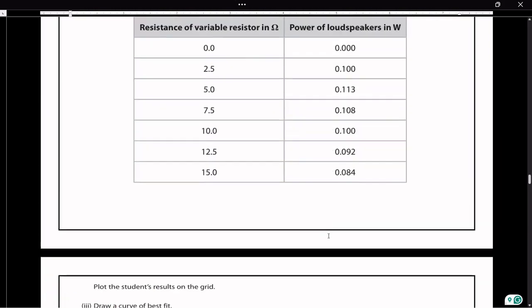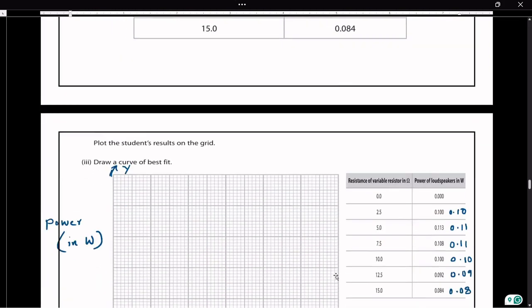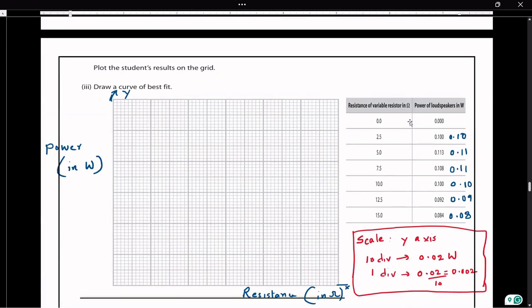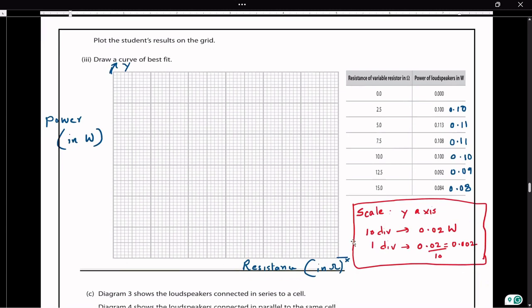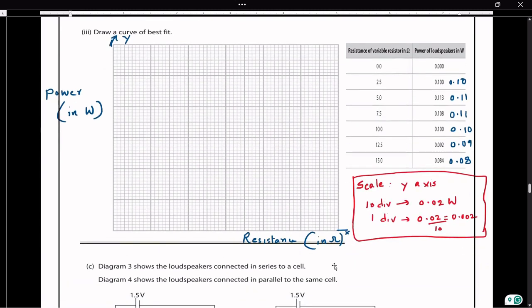Now also let us make a scale for this one. I have already copied the data again here, and it's difficult to mark 3 decimal places, so I round it to 2 decimal places, or I can say 2 significant figures. Now, what is a convenient scale we can use here?